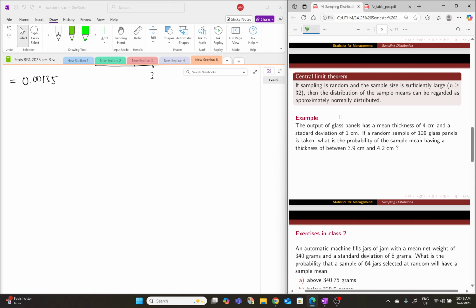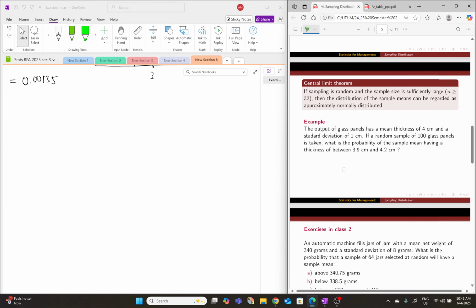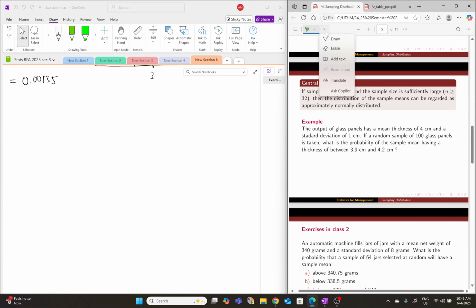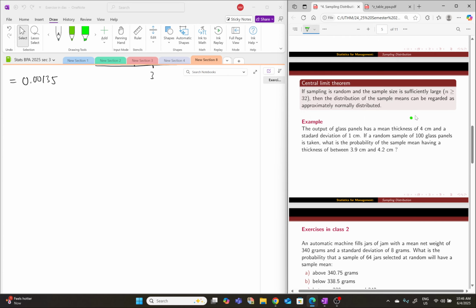If your sample size is more than 32, okay, we follow our slide here. In some books they will use 30 also. If your sample size is more than 32, then you can use normal distribution.